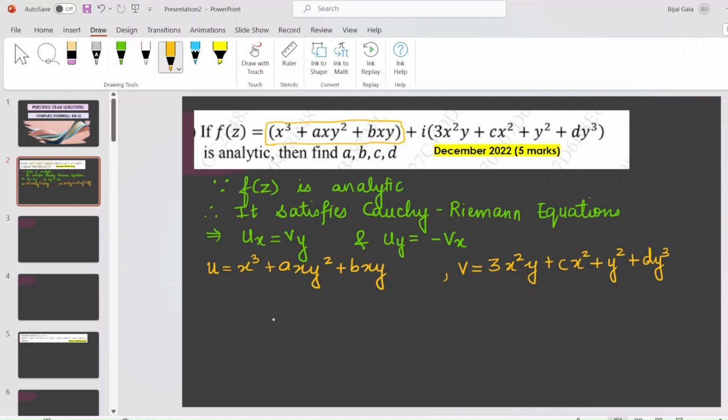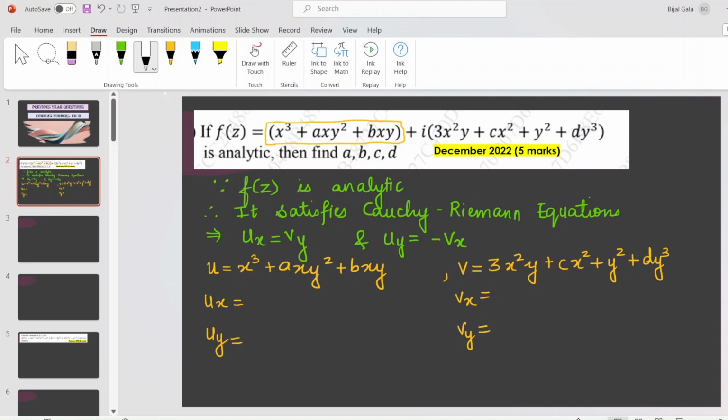Once we have identified u and v, we will be calculating ux, uy, vx and vy. So let's understand what these terms are and how we calculate them. Now, when calculating ux, we have to remember that x is the only variable.